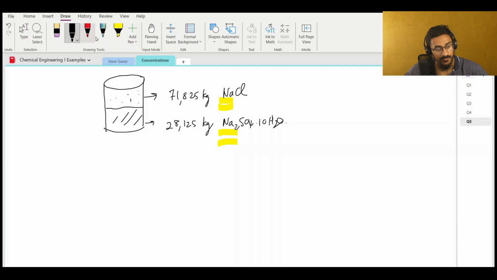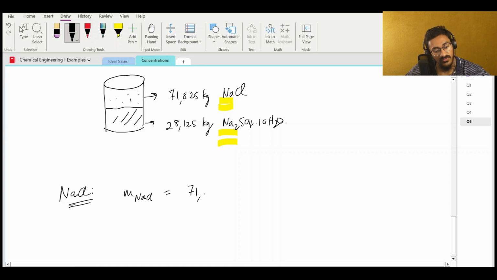So here's what I'm going to do. Let's start off like this. I'm going to do the calculation for sodium chloride first. I know that the mass of sodium chloride is equal to 71.825 kilograms.